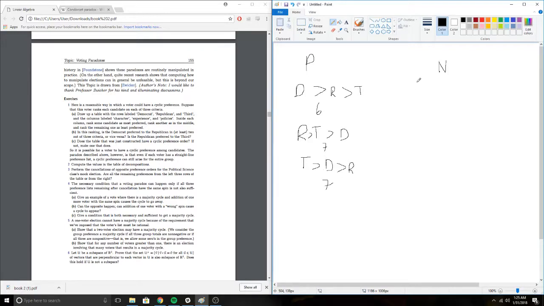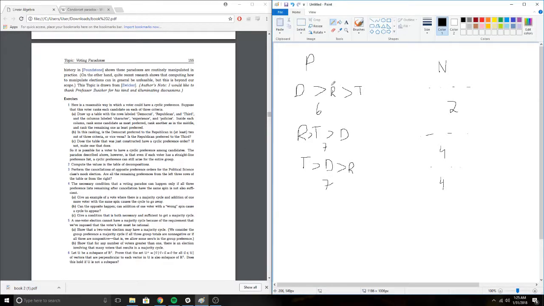For the negative spin, obviously, it's just going to be the opposite ordering, so I don't need to write that out. We can have 2 voters who believe in this, 4 voters who believe in this, 4 voters who believe in this.